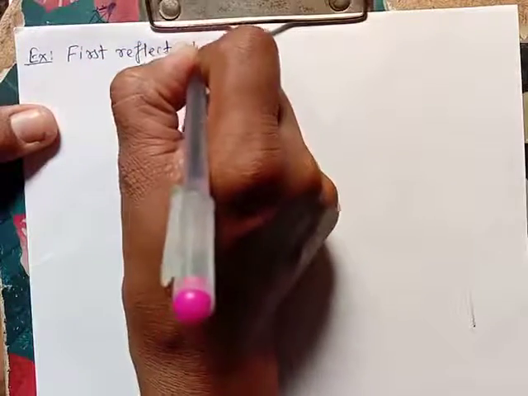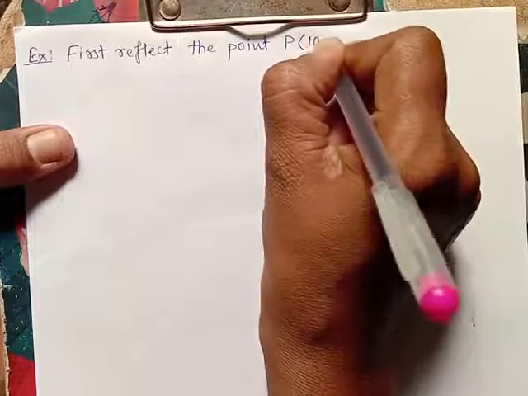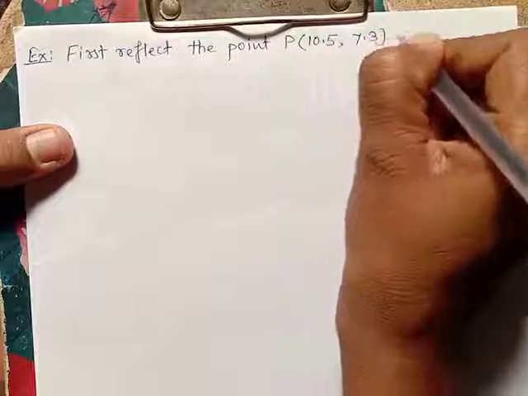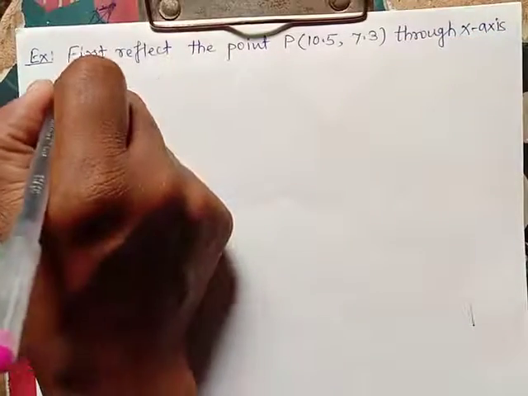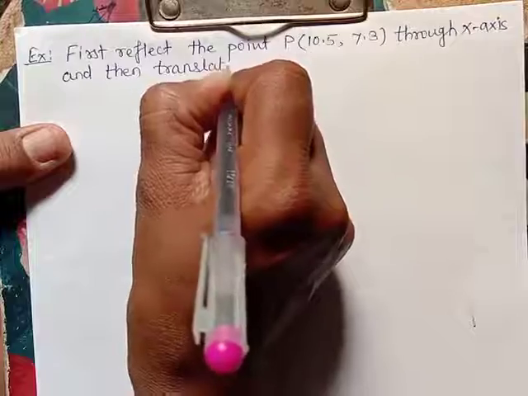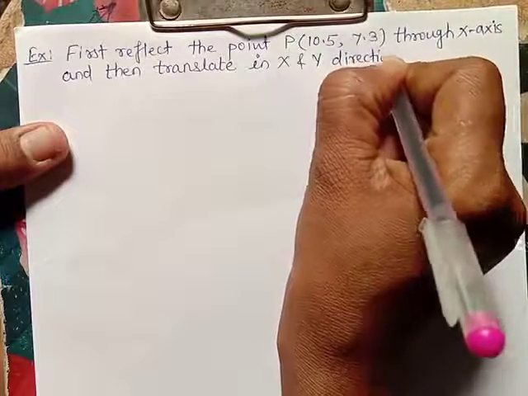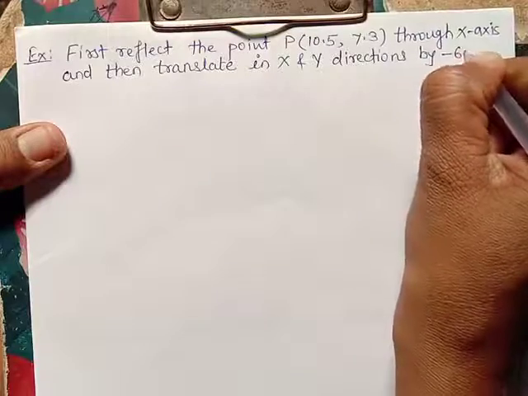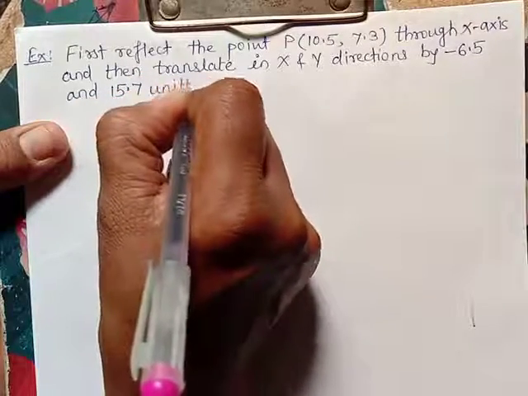Next example. First, reflect the point P having the coordinates 10.5, 7.3 through x-axis, and then translate in x and y directions by -6.5 and 15.7 units respectively.